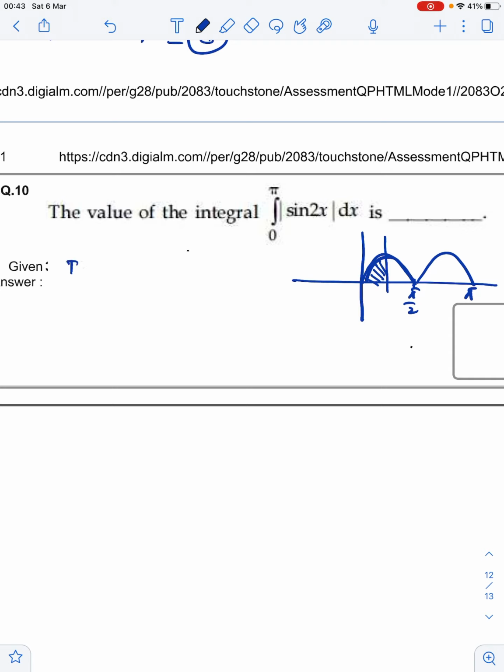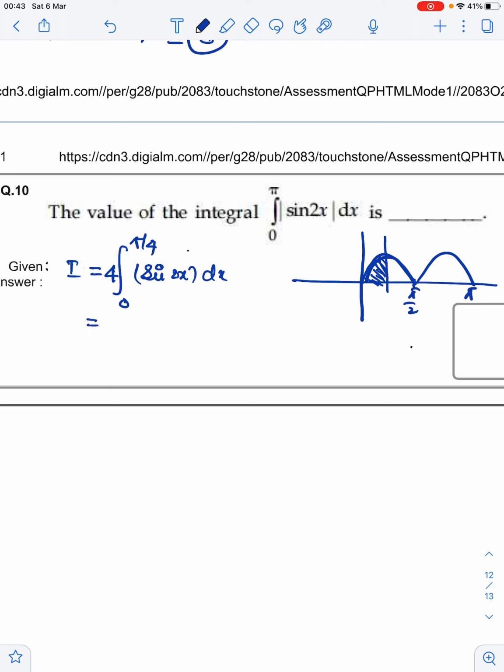So this integration is equivalent to 4 times the integral from 0 to pi by 4, because in 0 to pi by 4, one half cycle is completed and the same half cycle is repeated 4 times, of sin 2x dx.